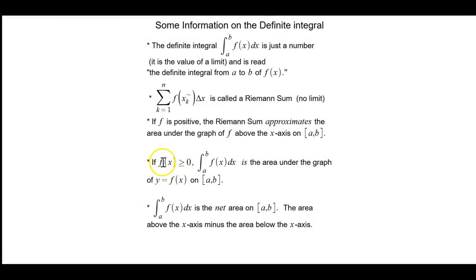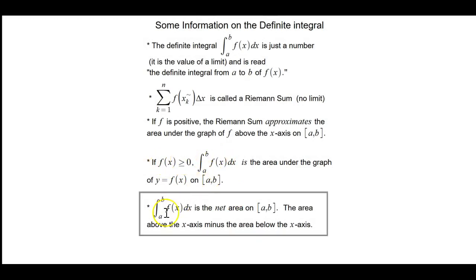Now, if some values of f are positive and some are negative on [a, b], remember f is continuous though, then it's not the area anymore, because an area is always positive, and this might evaluate to something negative. So it's called the net area, which is the area above the x-axis minus the area below the x-axis.